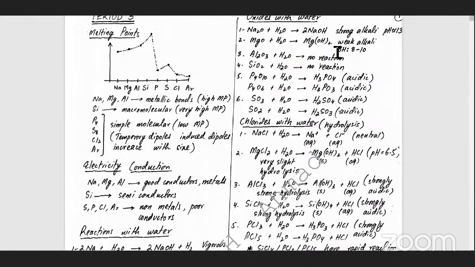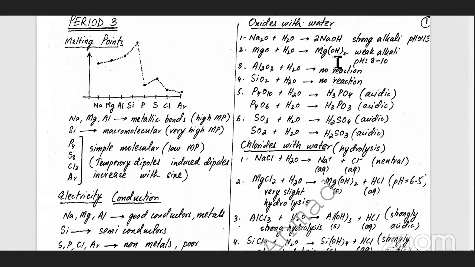I said these ones. So the reaction of oxides with water. These are all the reactions that you have to remember about period three. Like sodium oxide over here, it reacts with water to form NaOH. MgO is not very soluble, so it's going to form a weak alkali, magnesium hydroxide. Aluminium oxide is non-porous and unreactive to water.